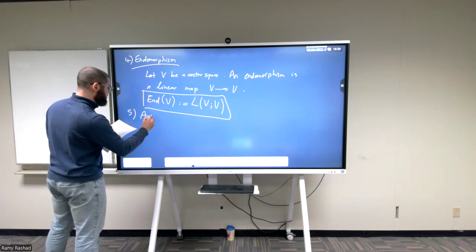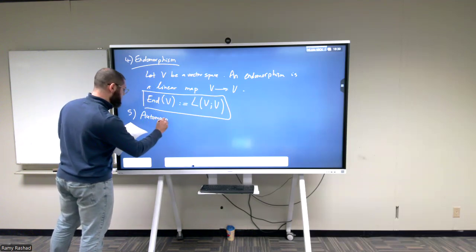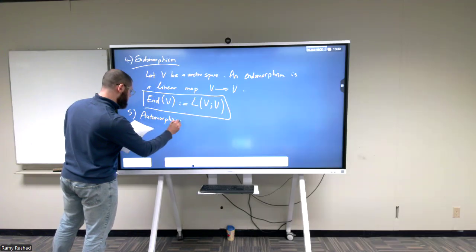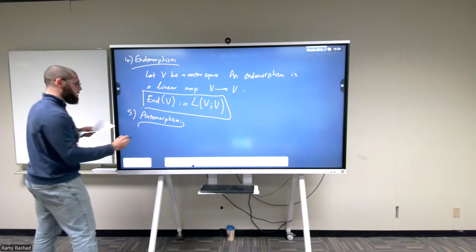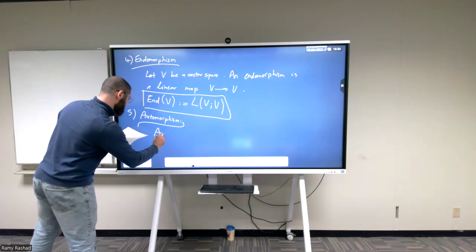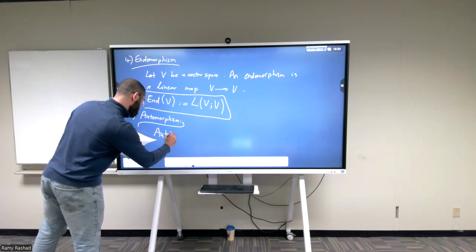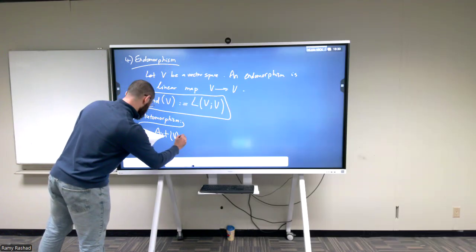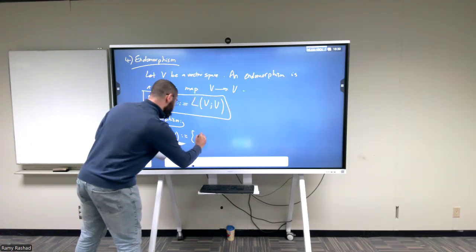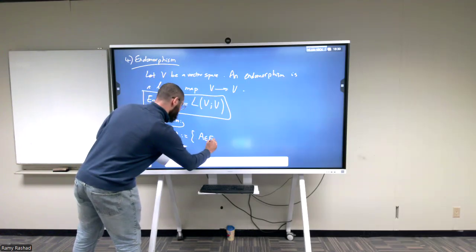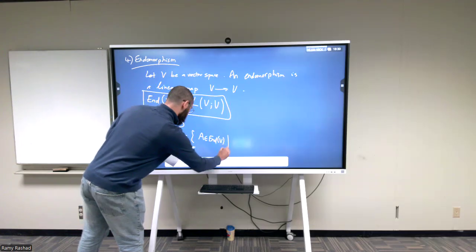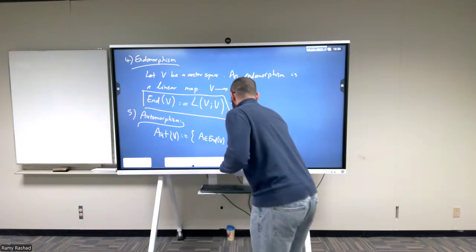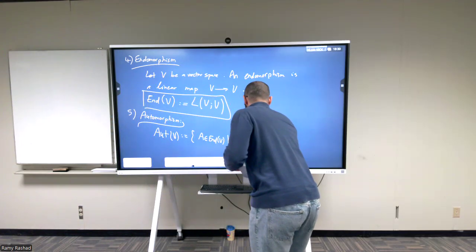So an automorphism is defined as the set of all endomorphisms A where A is isomorphic.